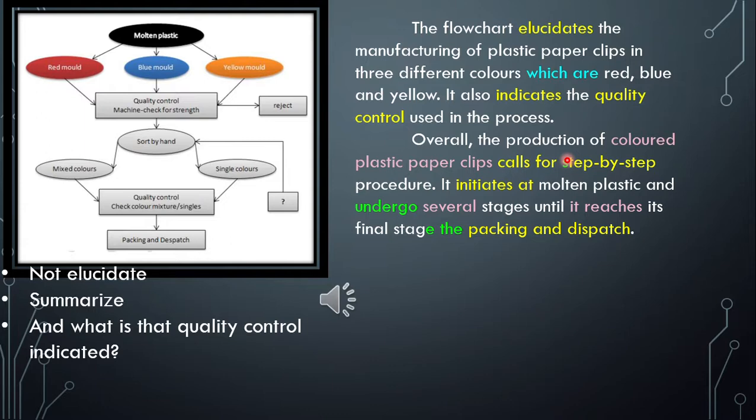No. However, "overall, the process requires," "calls for," is a judgment thing. Okay? There's no, like, I need to make some paper clips. What should I use? I know, this calls for molten plastic. Oh, wait a minute. No, it calls for a step-by-step procedure. Missing an article. What do you mean? "Initiate." Initiate.